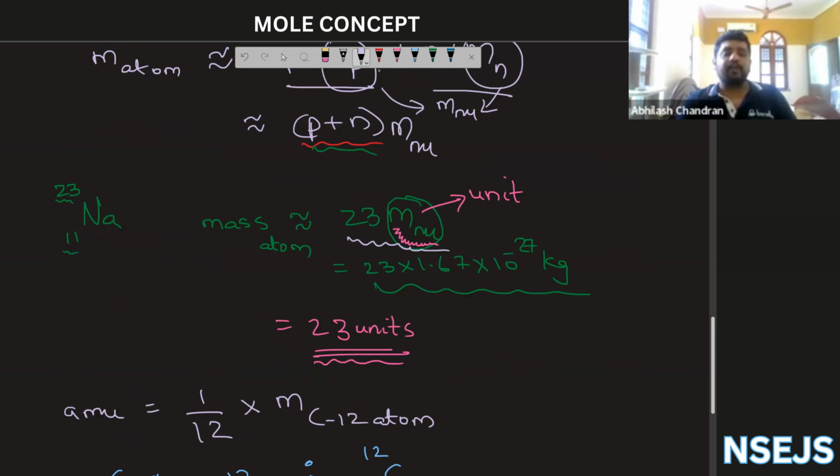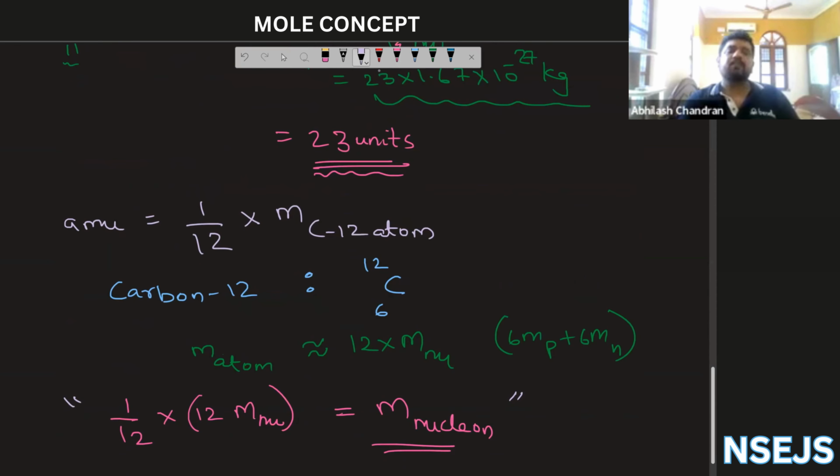So we have defined AMU as 1/12 the mass of a carbon 12 atom. Of course, it could be anything. You could roughly say it is the mass of a hydrogen atom, because the hydrogen atom, I mean the hydrogen 1 isotope, has 1 proton and 1 electron. Mass is approximately 1 proton, which is a nucleon. So you could say it is the hydrogen atom's mass.